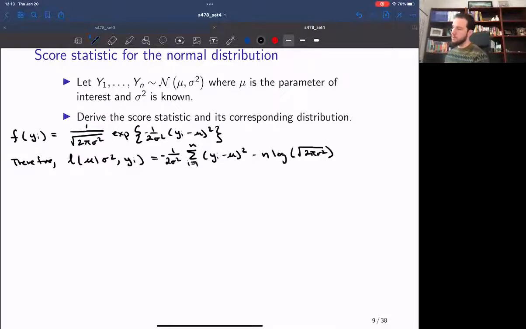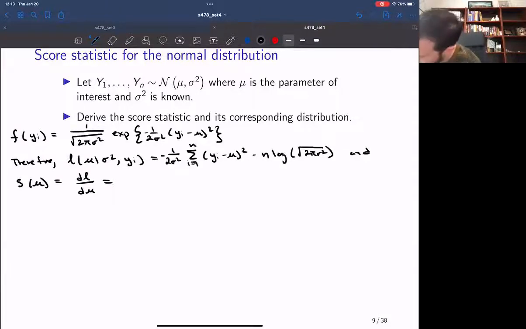All right. So then basically the score statistic is going to be the derivative of the log likelihood, which we set equal to 0. So the log likelihood is equal to this expression, and S of mu is going to be dl by d mu, which is positive in this case.